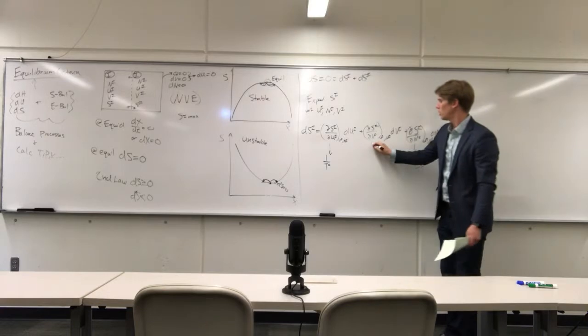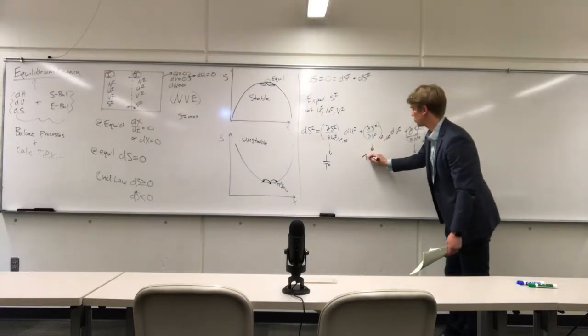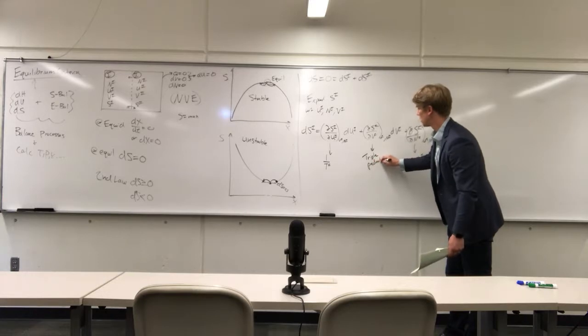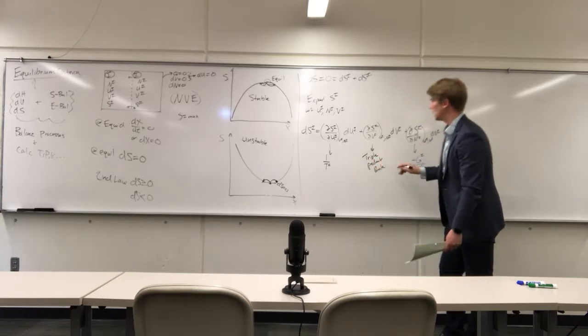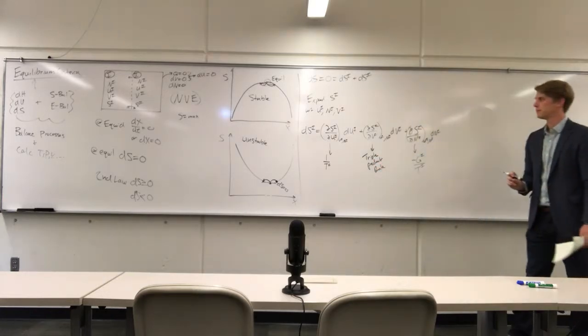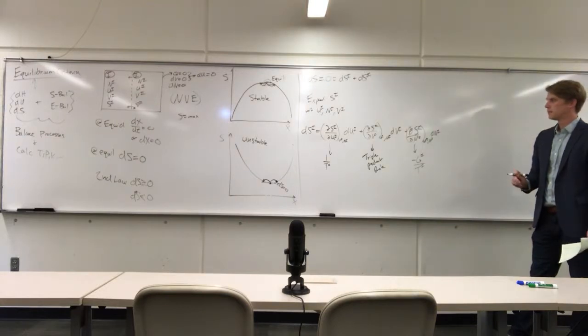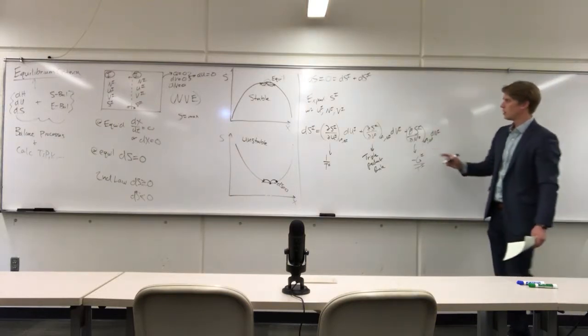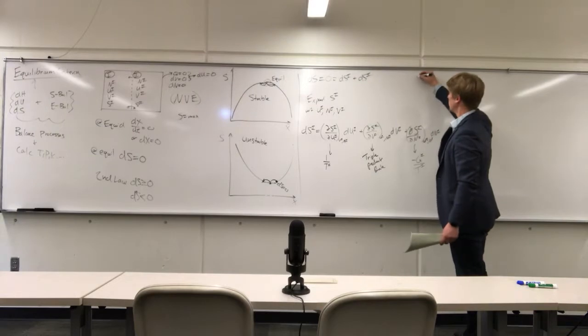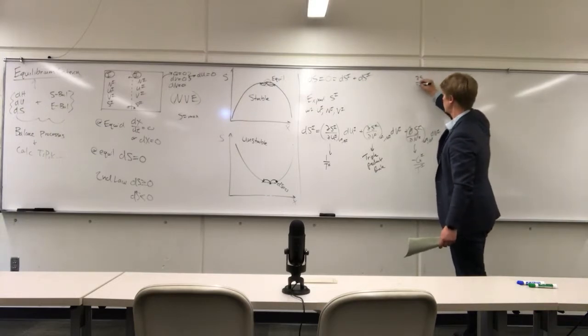For this last one here, we'll do it as an example. Let's expand this with the triple product rule. So we'll play around a little bit more with this one. Here, we'll start off with ds dv at constant u.